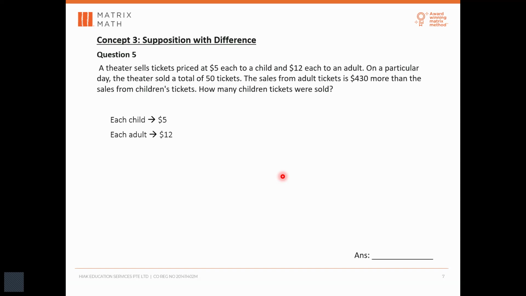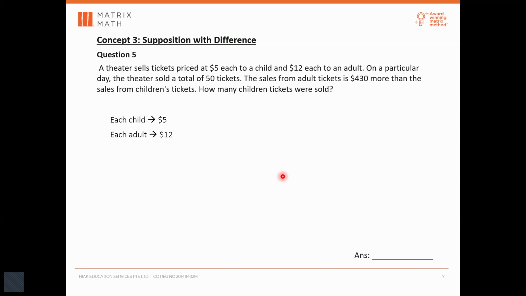How many children tickets were sold? How is this different from the normal supposition? This is definitely not penalty. They're selling tickets, so everyone pays. You either pay 5 or pay 12.